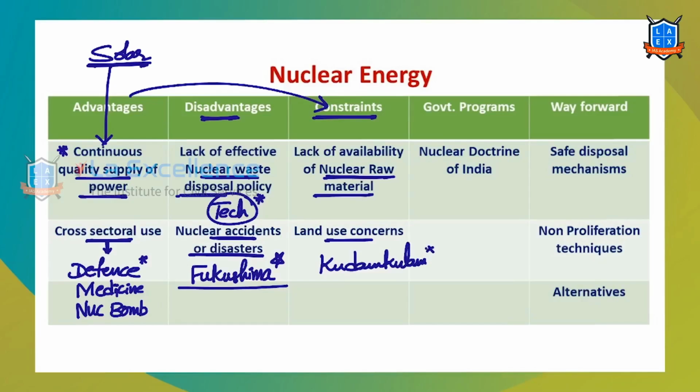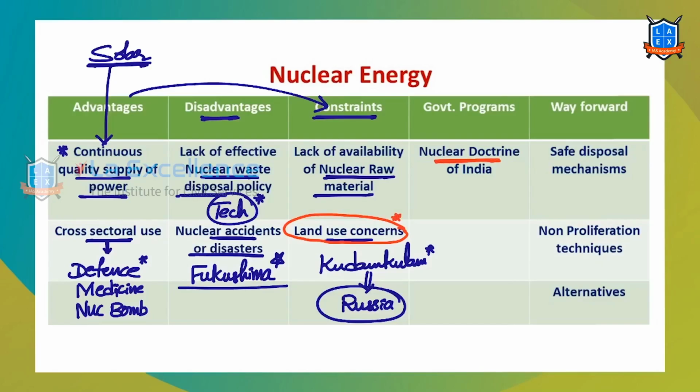When we wanted to get the land for it, people opposed it. They said these are not good, they are going to cause harm, we are not going to give land. So land use constraints are there. It also requires a lot of water. There are certain constraints.